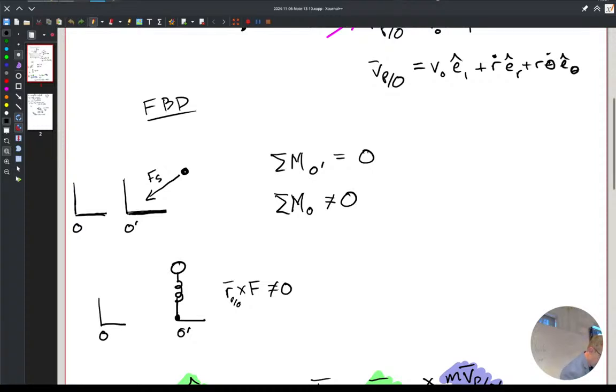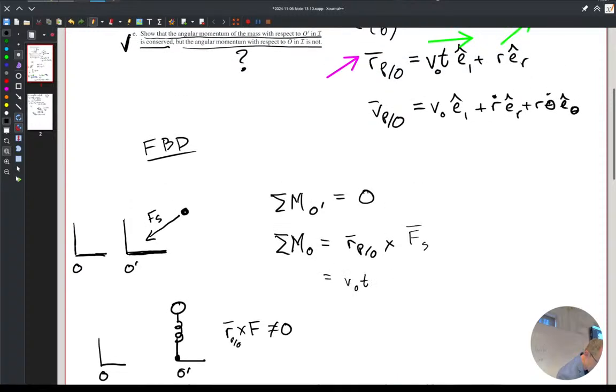So we drew the free body diagram, and one of the first things I was saying is that the sum of the moments is not equal to 0, because it's equal to r_P/O cross Fs, that vector Fs, which is going to be that v0t along e1 plus r e_r crossed with a negative k r along that e_r. So taking that force vector, all the e_r cross e_r terms drop.